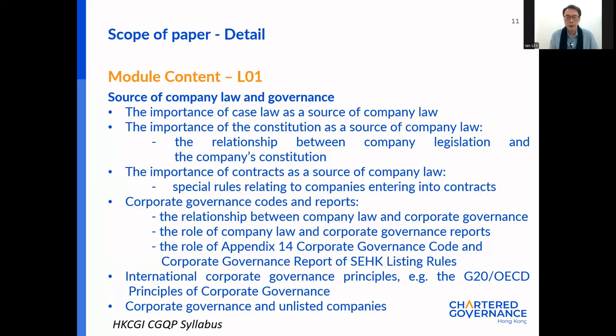So the CG report will be a good source, because the INEDs, independent non-executive directors, are the ones quite often charged with monitoring the proper implementation of good CG practice. And CG reports are usually published once a year. So that's why the shareholders can be informed about that. So the CG code, as I mentioned before, is part of the listing rules, in Appendix 14. Okay, then you also have the international corporate governance principles. So the G20 and OECD have their own principles as well.